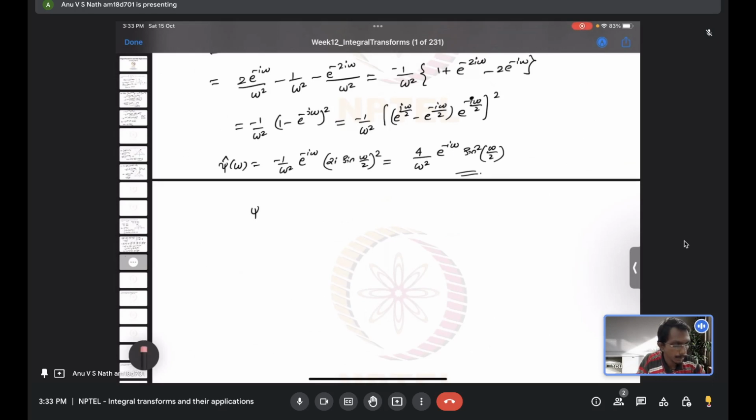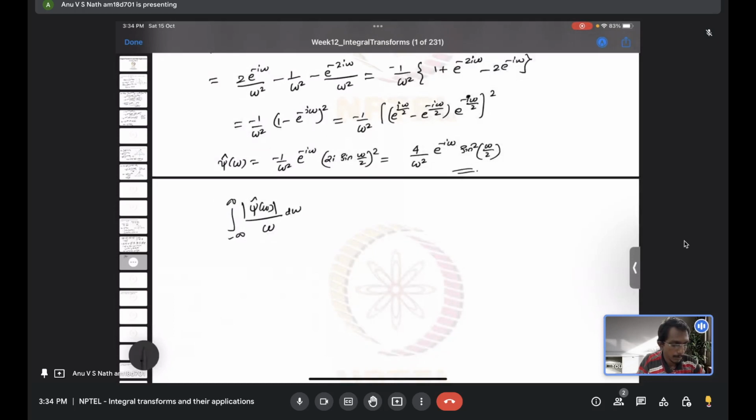But here you can check the integral of the mod psi cap of omega absolute square by omega d omega from minus infinity to plus infinity, which will be the integral of 16 by omega raised to 5 and sine raised to 4 omega by 2, which is of course less than infinity because sine is a bounded function, and 1 by omega will decay as 1 by omega raised to 5.